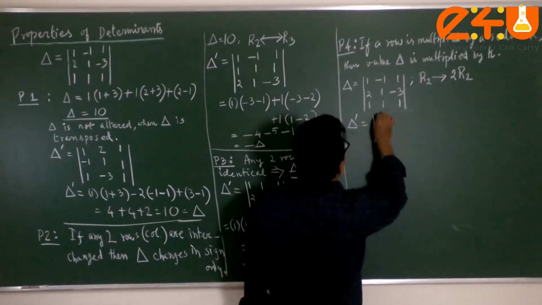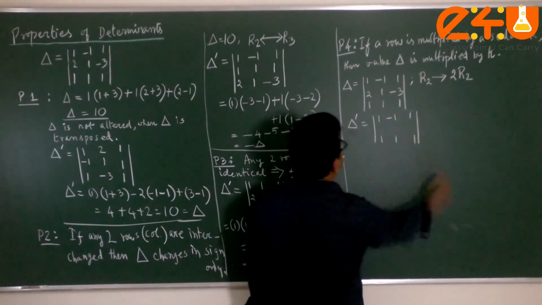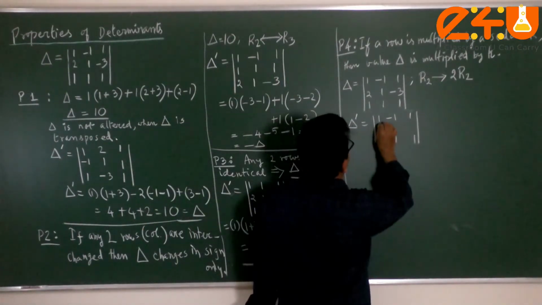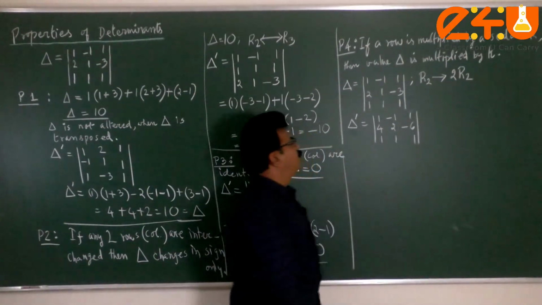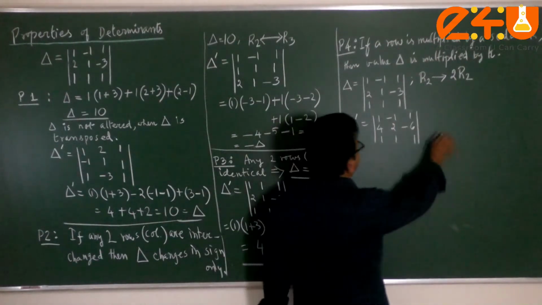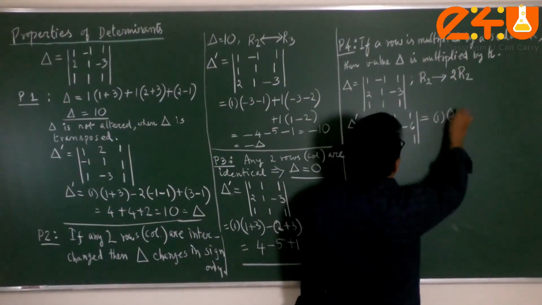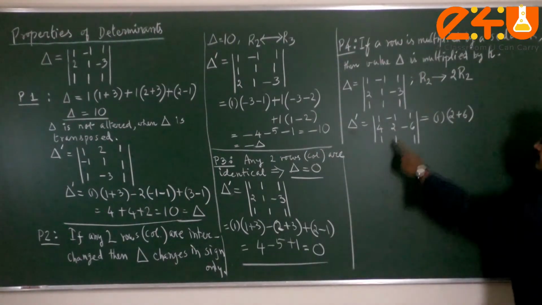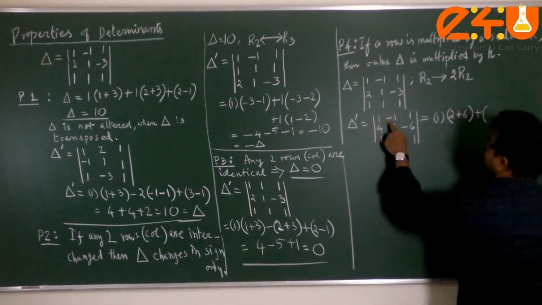Row 1, 1 minus 1, 1 only. Third row not disturbed. Second row, all numbers are multiplied by 2. Therefore, the entries are 4, 2 and minus 6. Now let us expand. Take the cofactor of the first element, 2 and minus of minus 6. Then the second cofactor will change the minus into plus.